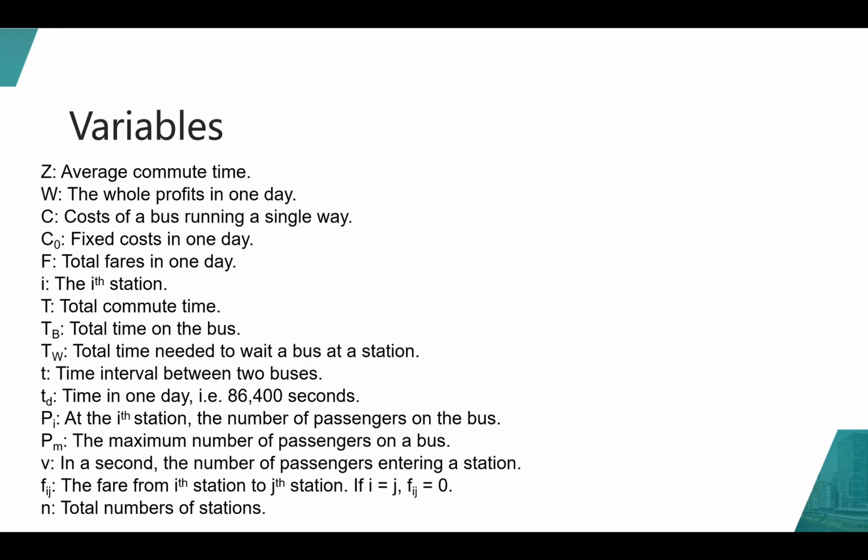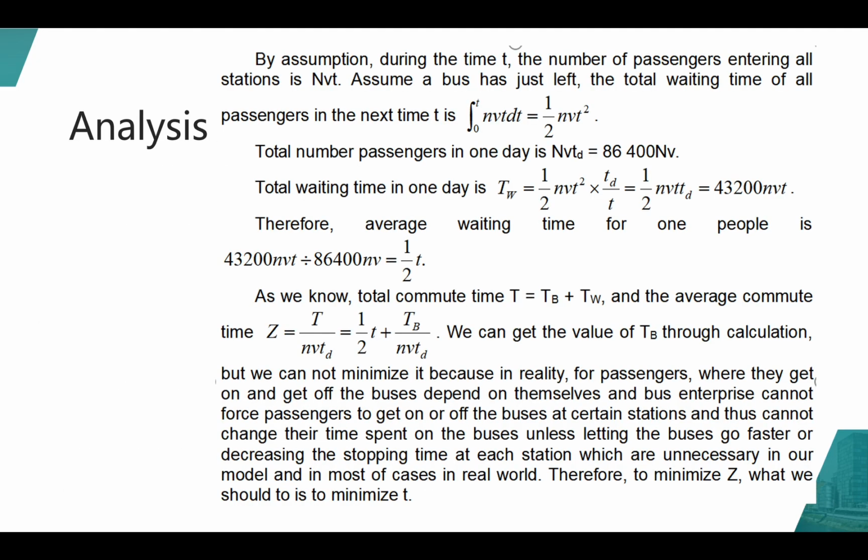Here are some variables used in our project. T is the time interval between two buses. Then we begin to analyze the optimization problem. As we all know, the commute time consists of waiting time and the time spent on the buses.